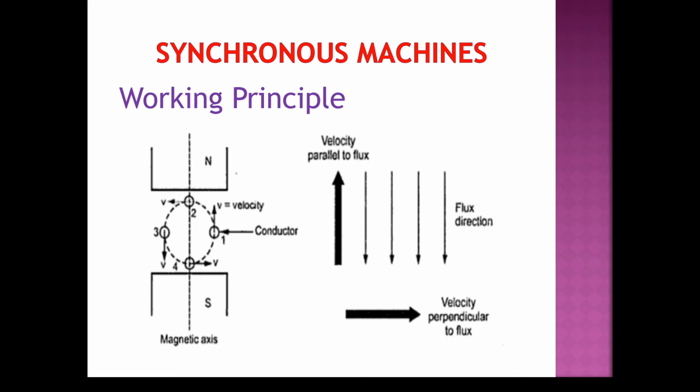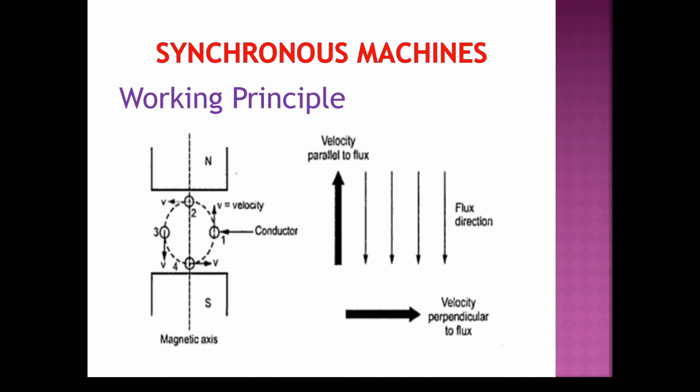At position 2, the entire velocity component is perpendicular to the flux lines, so maximum cutting of the flux takes place here. At this instant, induced EMF will be maximum.